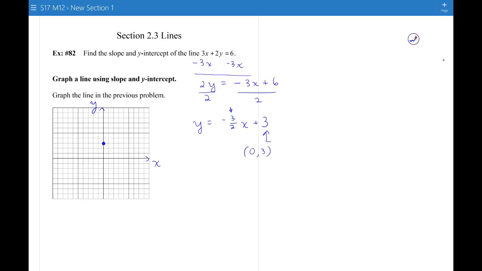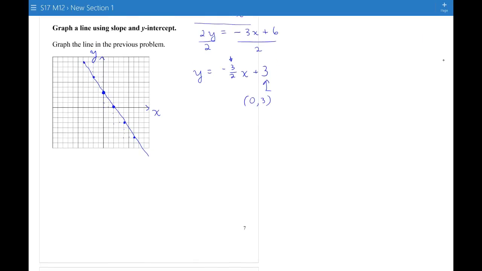Then this is a negative slope, so it tells me go down 3 over 2, down 3 over 2, down 3 over 2, or up 3 backwards to the left 2, and get a bunch of points that are on the line, and then very precisely use the straight edge to connect the points on the line and draw it as a continuous line, remembering that it's a whole bunch of points.